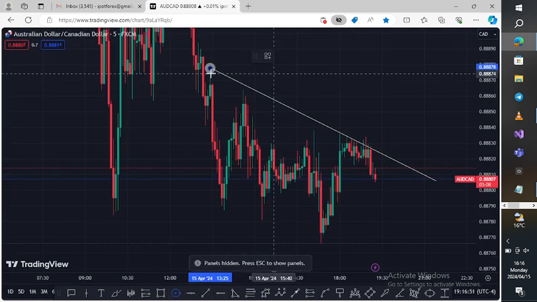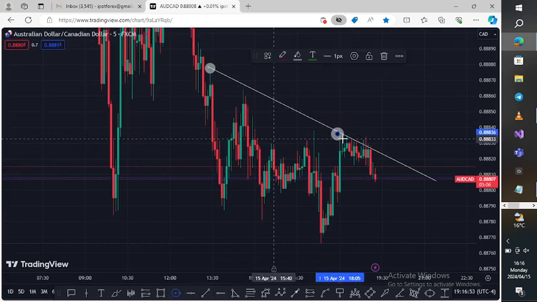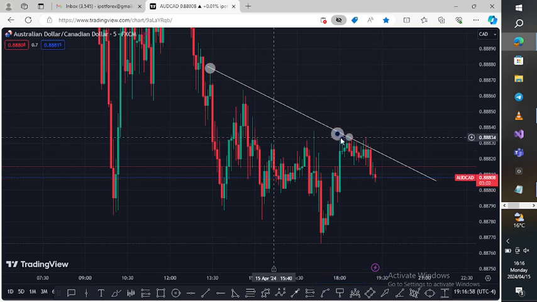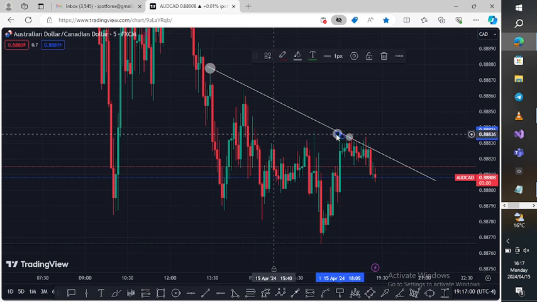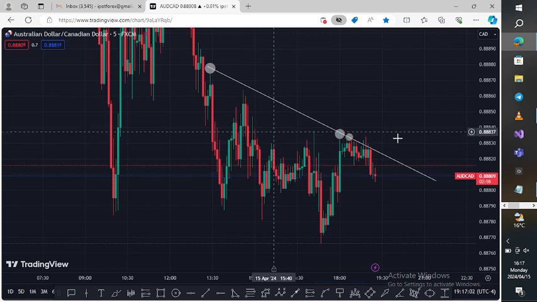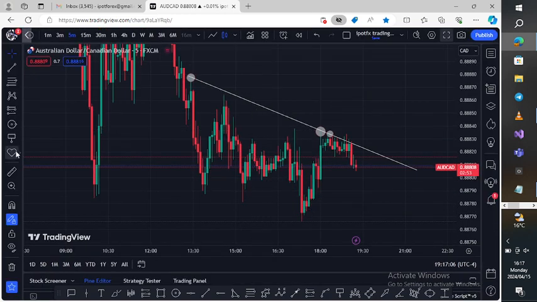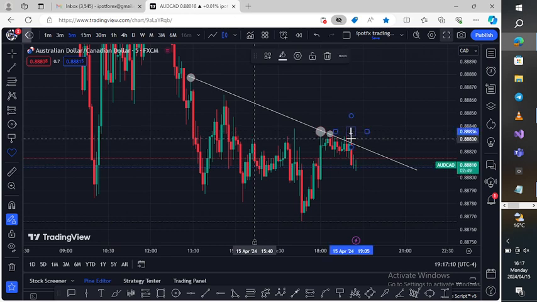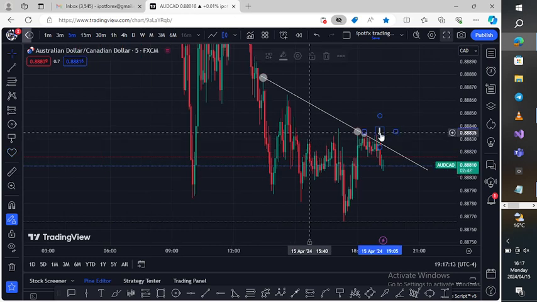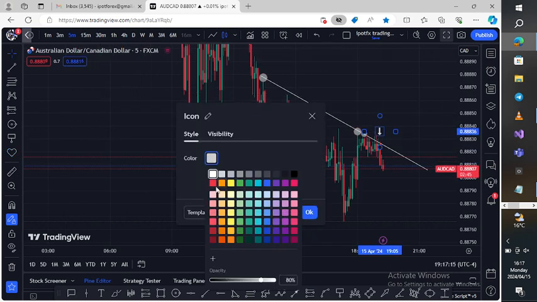I have my strong high, another strong high there. So basically from all of these strong highs, I see that actually price is failing, literally it is failing to break above those strong highs. So what it means is that currently right here we might be seeing a sort of rejection area.